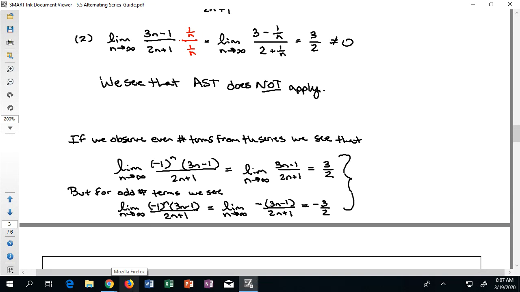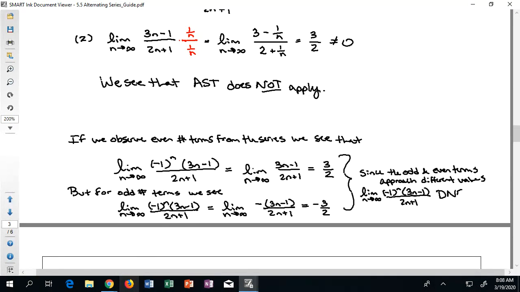And now I can reach a conclusion. Since the odd and even terms approach different values, we can say that the limit as n approaches infinity of the entire inside formula, -1 to the n times 3n minus 1 over 2n plus 1, does not exist.